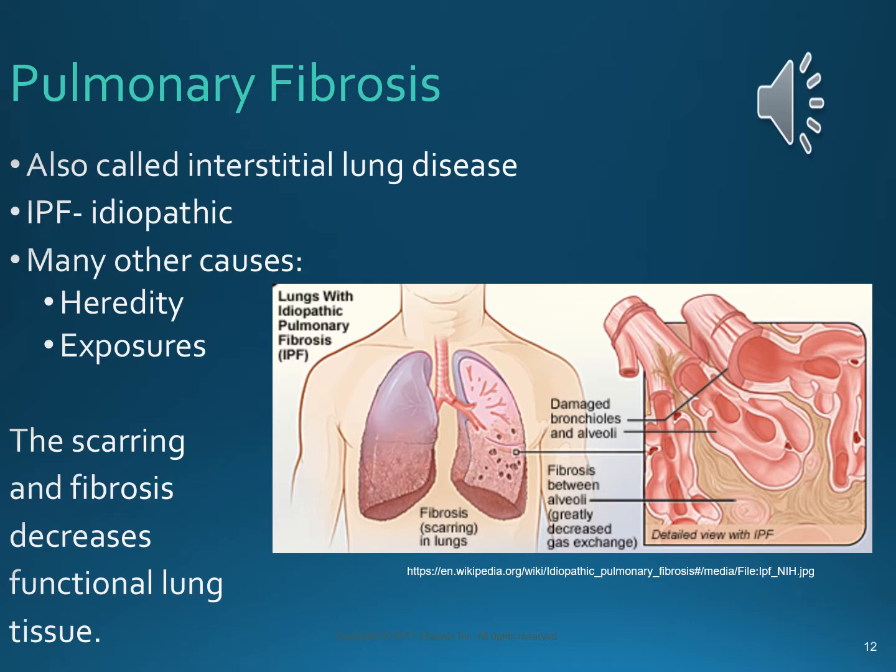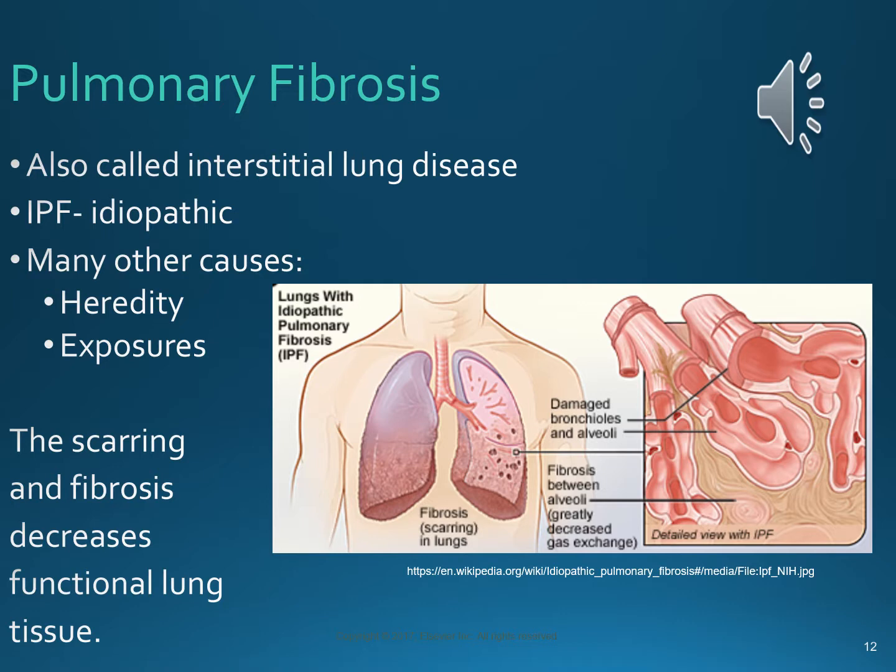There is a smoking relationship with pulmonary fibrosis, and then some autoimmune diseases like lupus, RA, and then we talked about sarcoid also can cause pulmonary fibrosis. Finally, chronic GERD. If you get enough gastric contents in your lungs, it can also cause fibrotic changes.